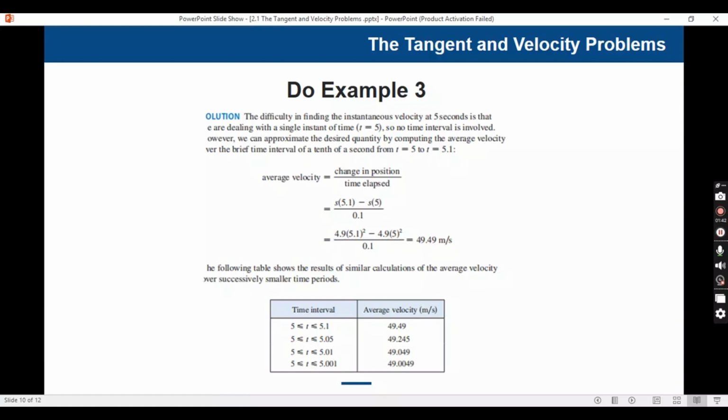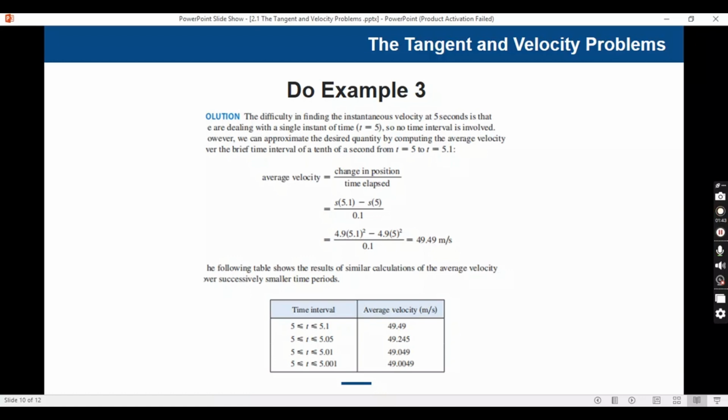However, we can approximate the desired quantity by computing the average velocity over the brief time interval of a tenth of a second. Okay, so does this make more sense? Yes, it does.